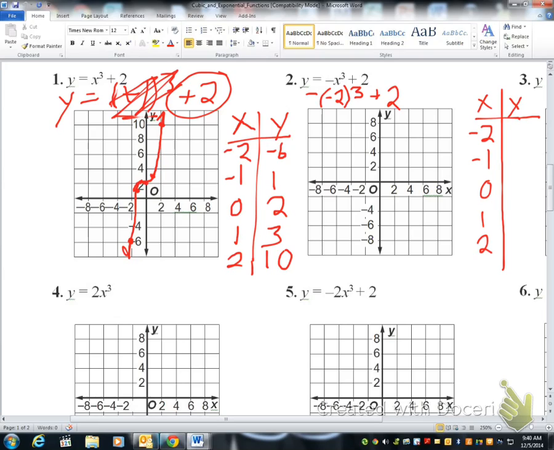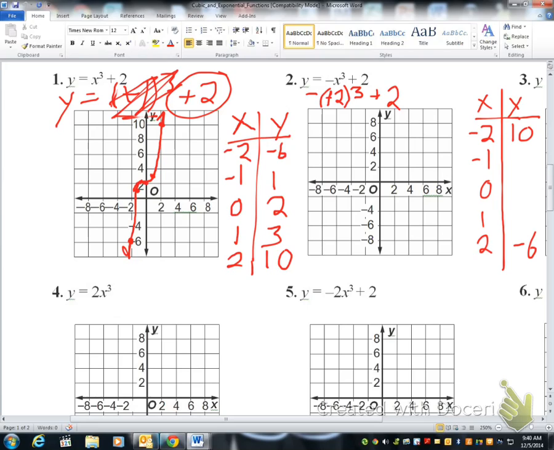And 8 plus 2 is 10. Now, if we do positive 2 cubed for the bottom one, positive 2 cubed is positive 8, right? But then I have to negate that, so that makes it negative 8 plus 2 is negative 6.